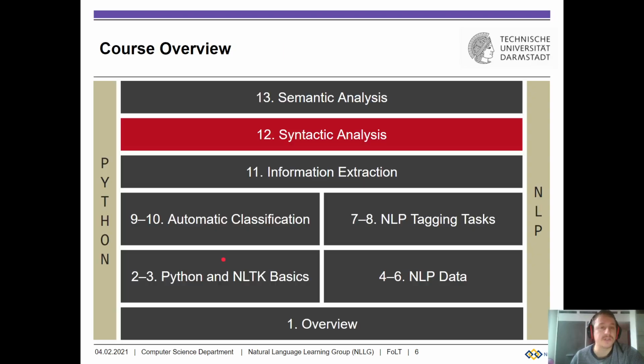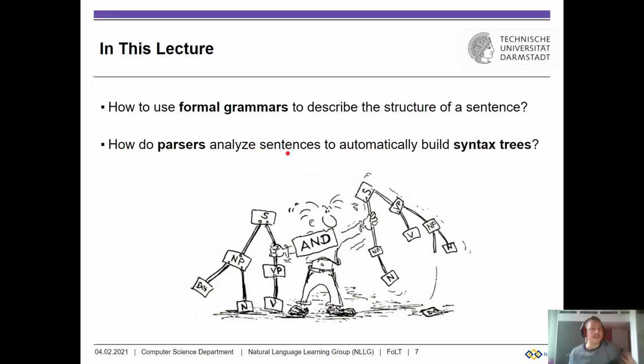or question answering. Today we're going further up the linguistic hierarchy to do syntactical, grammatical analysis of sentences. So in this lecture in particular, we're going to see how to use and define formal grammars. Of course you know the concept of grammar from school, but here we're also going to introduce what we call a formal grammar, which is like a mathematical definition of a grammar to describe the structure of a sentence.